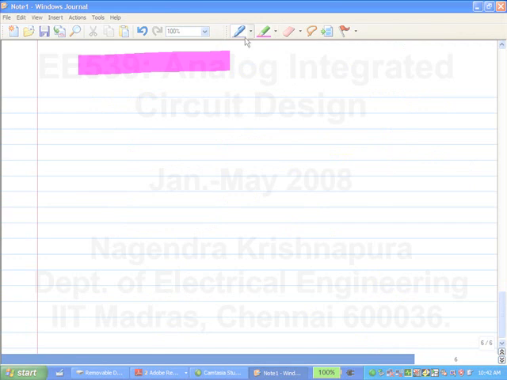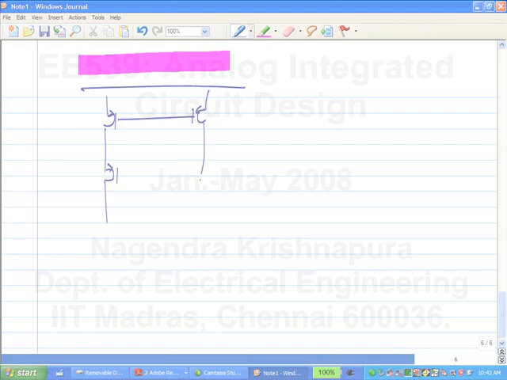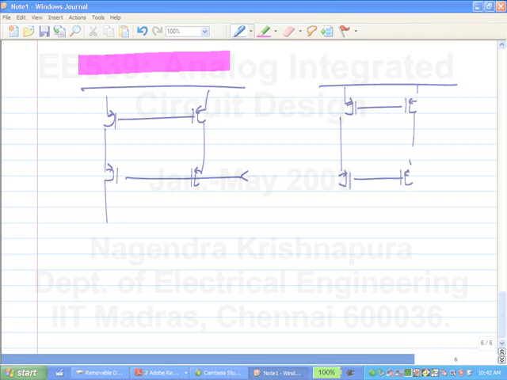Now, if you design it differently, the situation will be much better. Let's say the load was a cascode load. Then in the common mode feedback also, you can use a cascode load, and you will take the feedback for this from here.